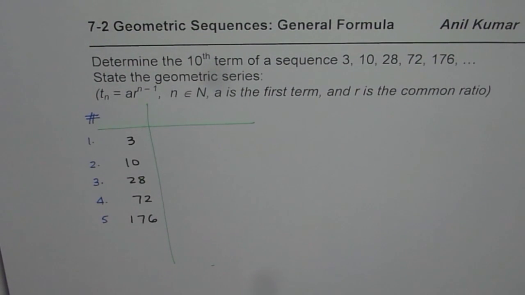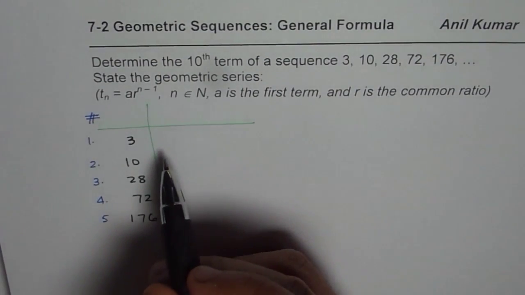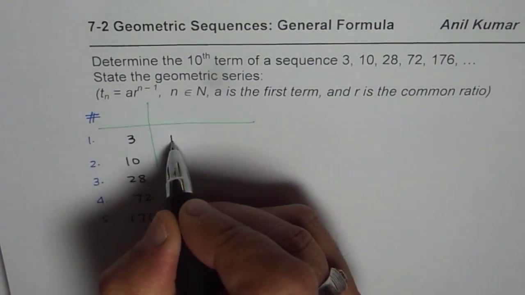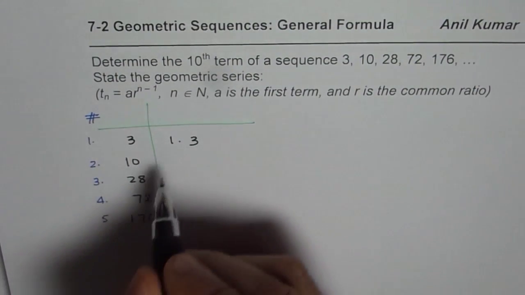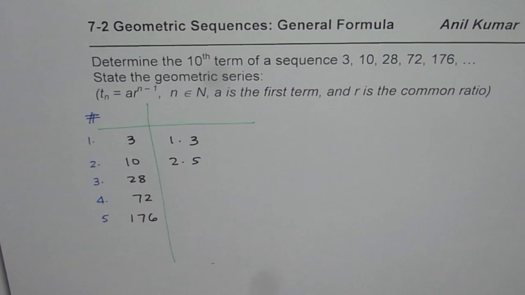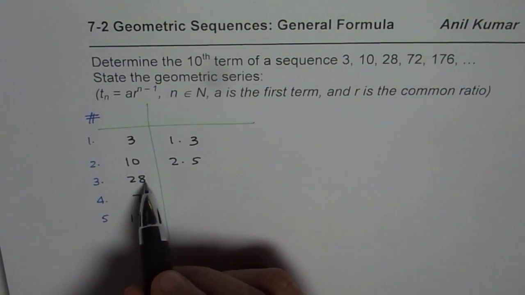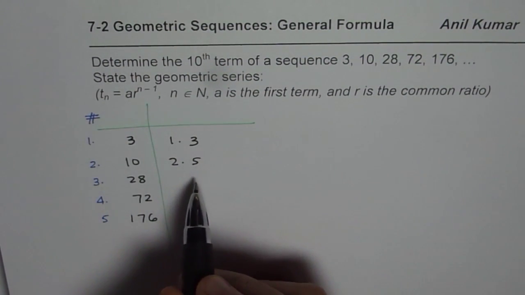Now you could get, for example, 3 as 1 times 3. And how do you get 10? You could get 10 as 2 times 5, correct? How about 28? 3 times, well, 28 is not a multiple of 3, so that doesn't work.